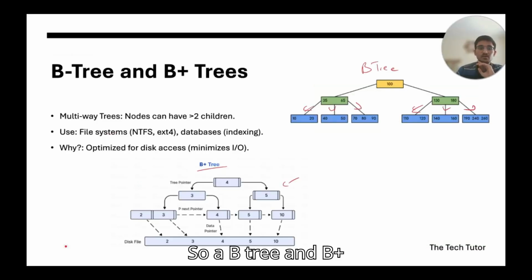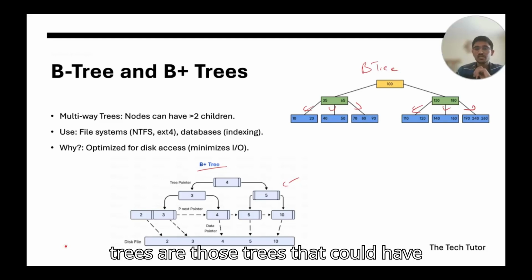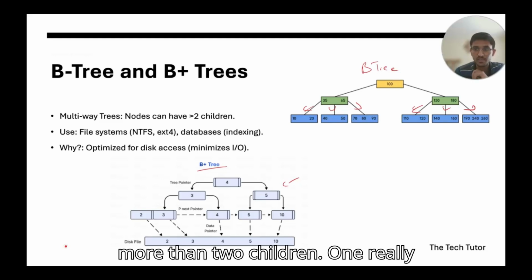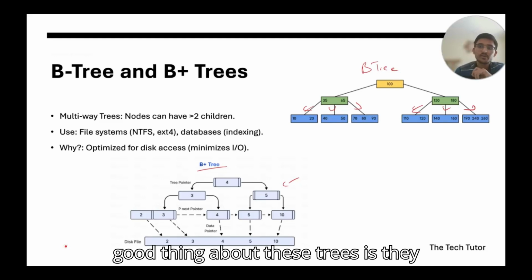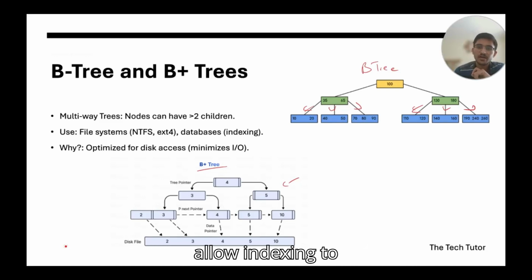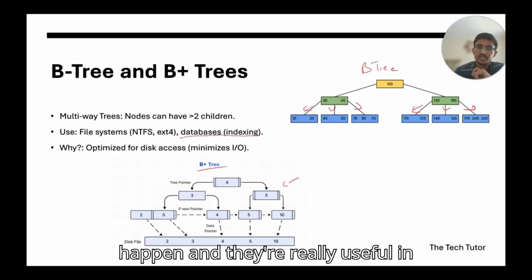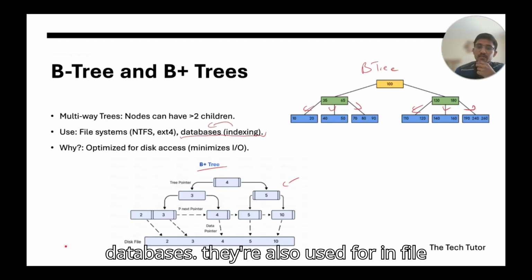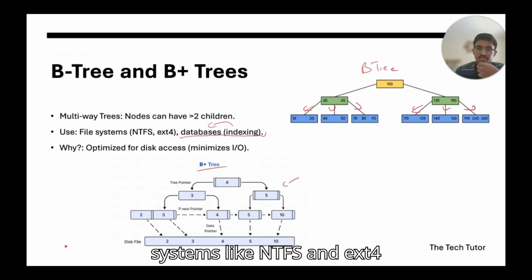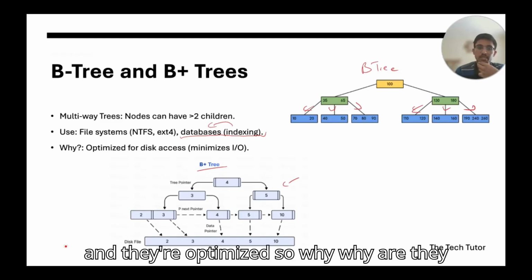Okay, so B trees and B+ trees are trees that could have more than 2 children. One really good thing about these trees is they allow indexing to happen, and they're really useful in databases. They're also useful in file systems like NTFS and ext4. So why are they used?